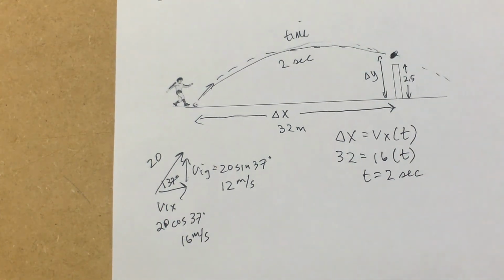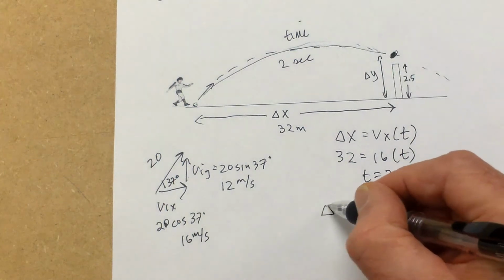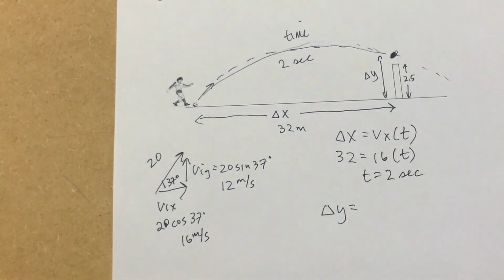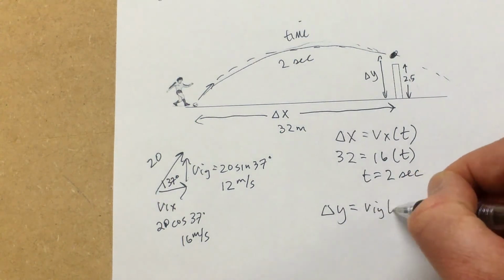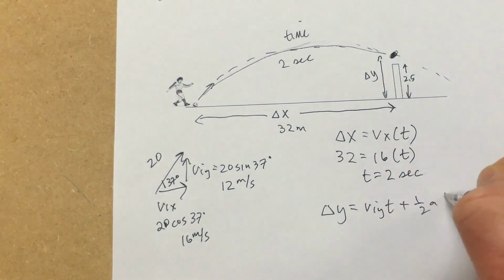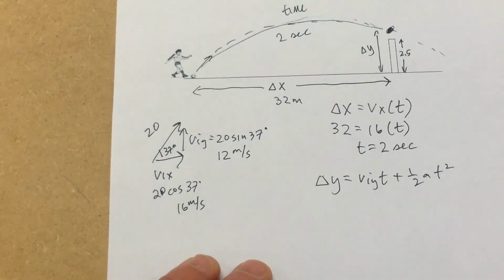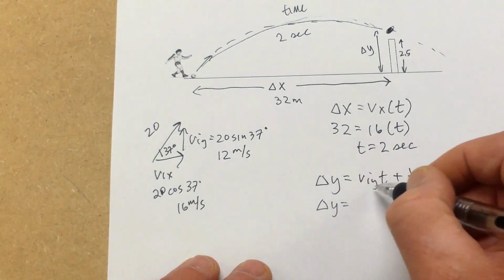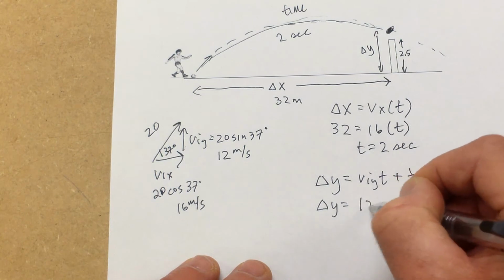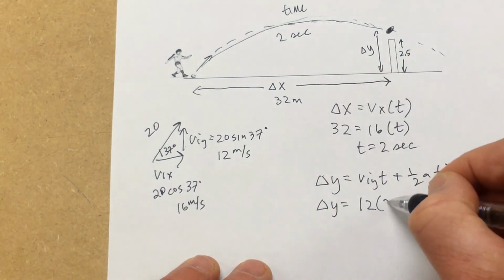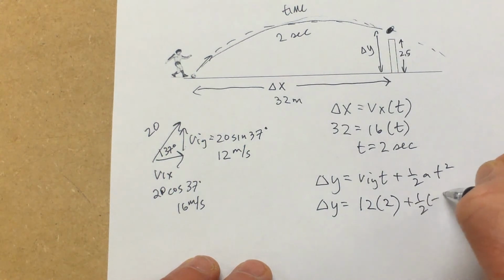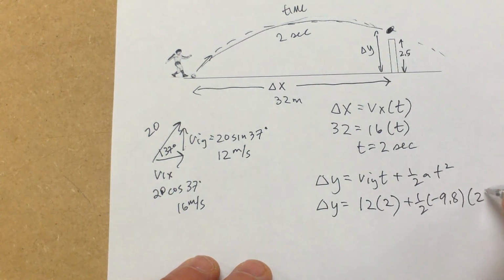Well, now that we know what the time is, we can figure out how high the ball will be, and we can compare it to the goal. So we can now use our how-far equation vertically. All right? So our delta y is our unknown. Our Viy is 12. We'll take it times the time, 2, plus 1/2 times negative 9.8 times 2 squared.